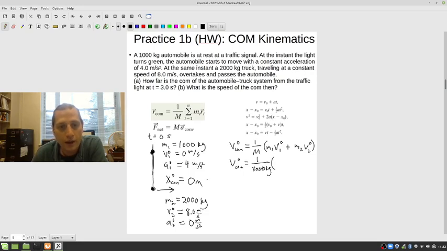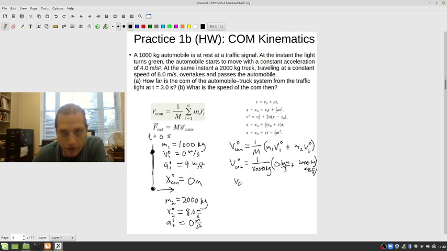I want you to notice that for m1, this term is going to be 0 kilogram meters per second, plus, and then the second one is actually going to contribute to that. So 2,000 kilograms times 8 meters per second.